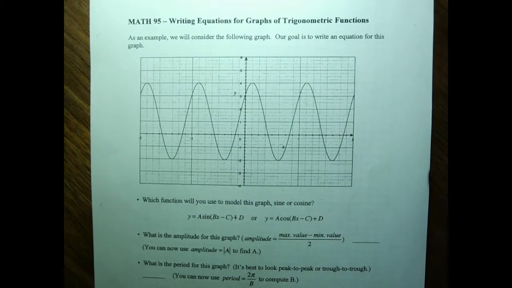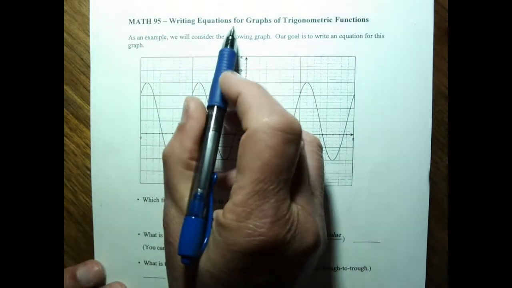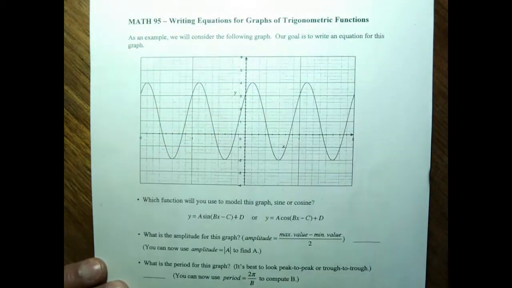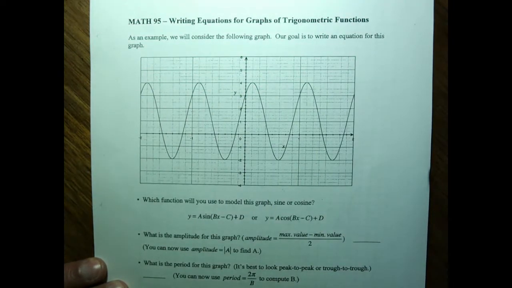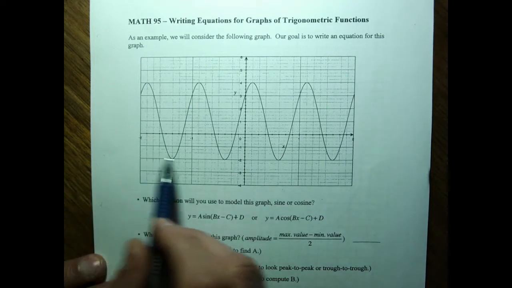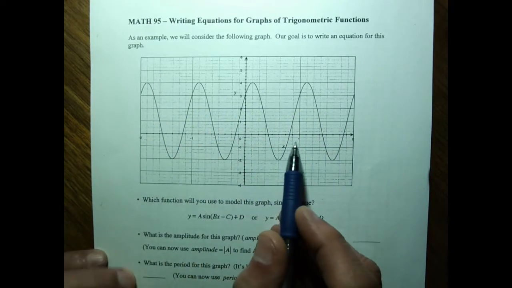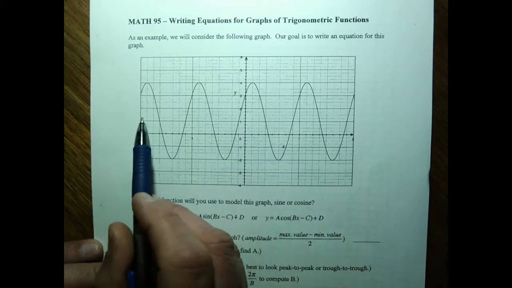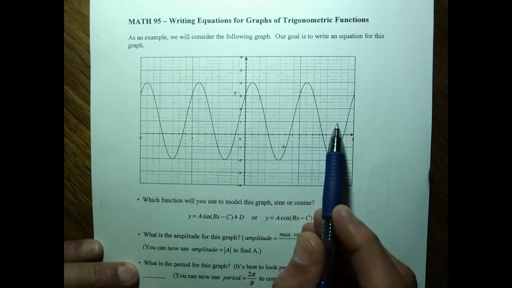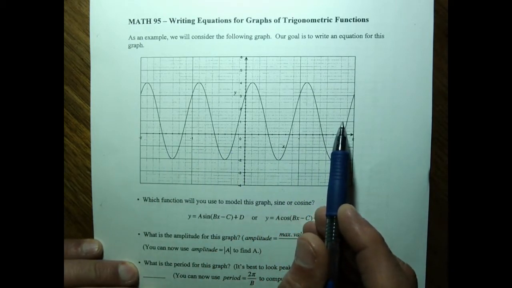Let's work our way through this handout, writing equations for graphs of trigonometric functions. We've done some of this before, but this example is really different from what we've looked at before, because we're gonna find an equation for this graph, and what's different is we're seeing a lot of the wave being graphed here.